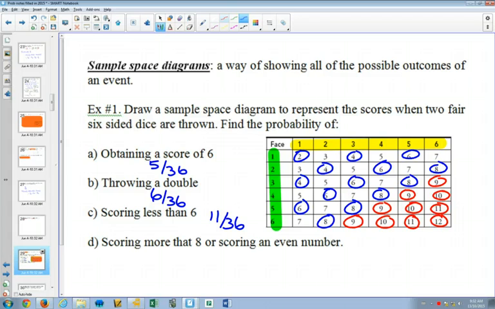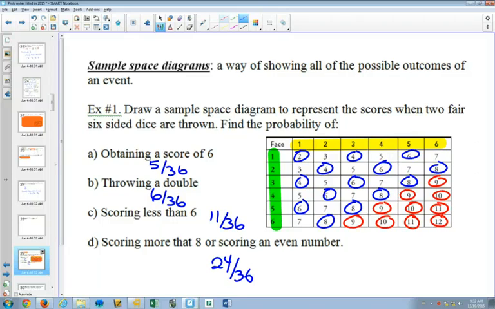So then scoring more than 8 or scoring an even number, if we add those all up, 1, 2, 3, 4, 5, 9, 12, 14, 15, 16, 17, 18, 19, 21. Hoping that I added things up correctly, I get 24 out of 36.